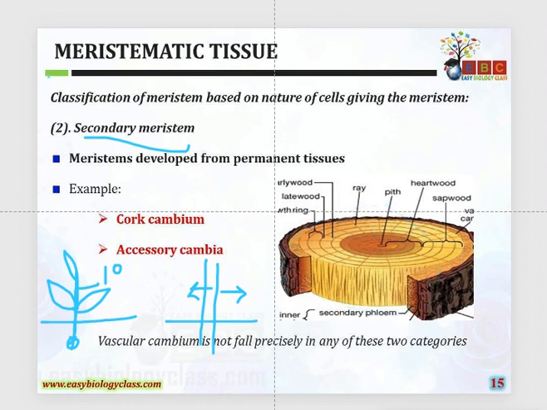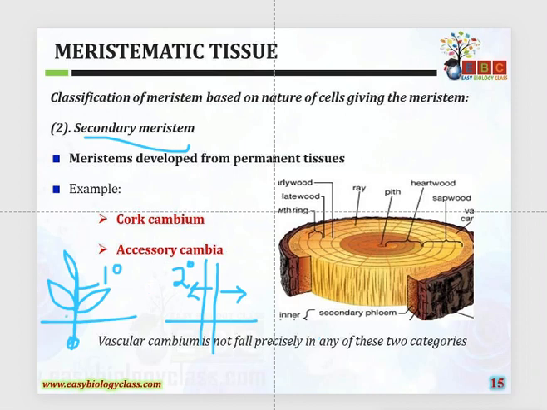In that way, these tissues do not develop directly from the embryo, but they develop after the plant has grown, from the permanent tissues. These tissues are called the secondary tissues. Why?